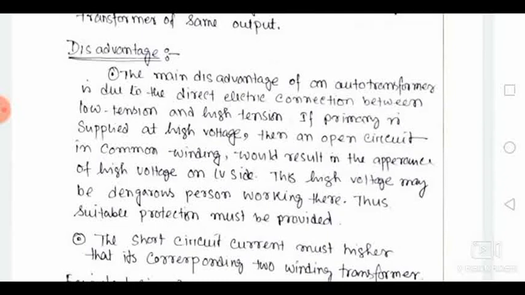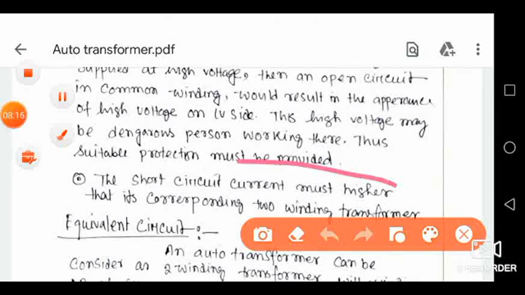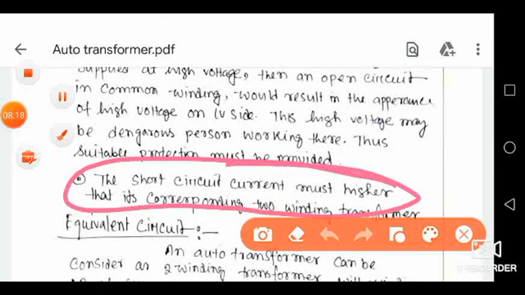This high voltage can be dangerous for a person working on it, so you have to give suitable protection. Again, the short circuit current is higher in comparison to the two winding transformer.